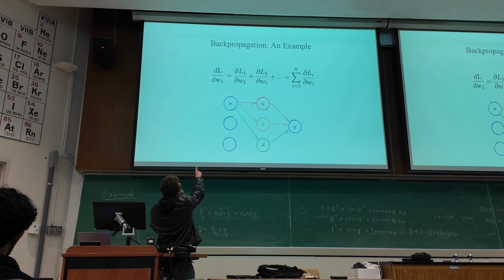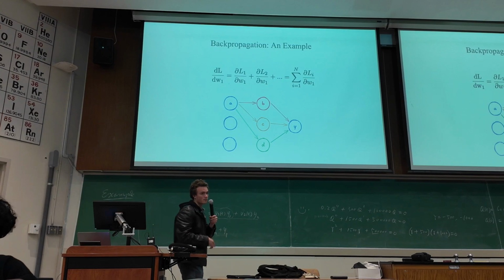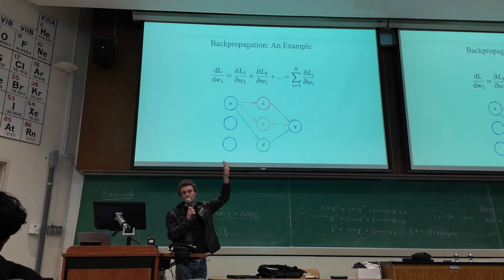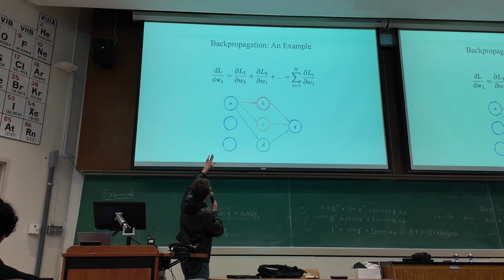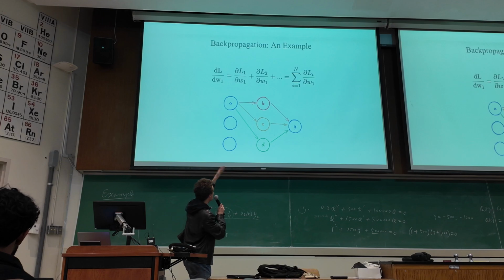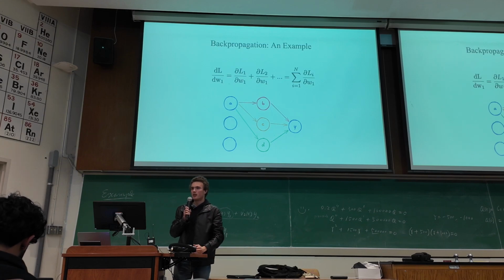Because A does not only affect Y through B, it also affects it through C and through D. Meaning, if I increase a weight in A by 1, it'll increase its output, maybe, let's say. And if it increases that output, that's going to affect D because D has an input which has now changed. But it's also going to affect C because C also takes as input A. And so does B. All 3 of them take as input the output of our neuron A.